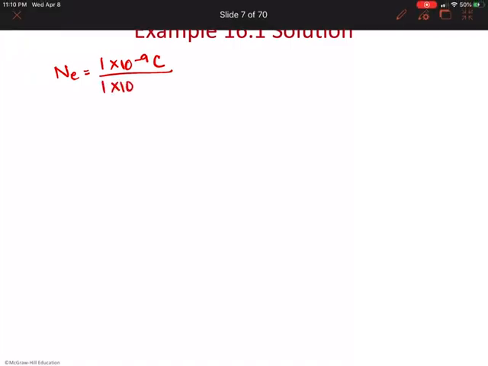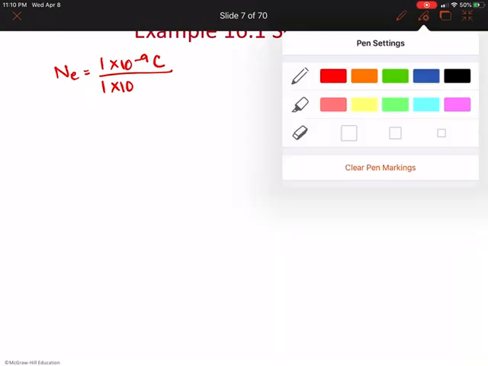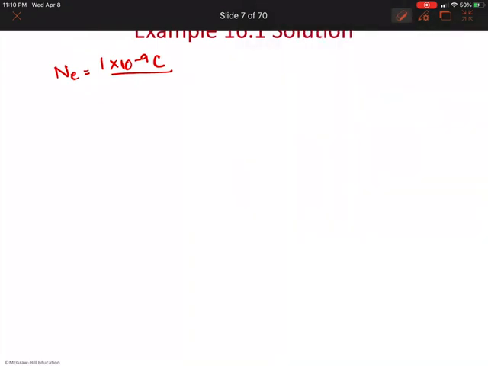All right, so we're supposed to find how many electrons. Whenever you are going to find electrons, you take whatever the charge was, which in this case was 1 times 10 to the negative 9 coulombs, divided by the actual charge of an electron, 1.6 times 10 to the negative 19th coulombs.